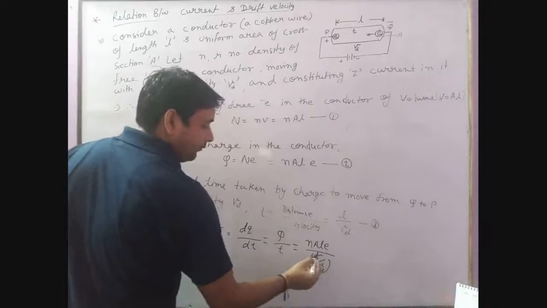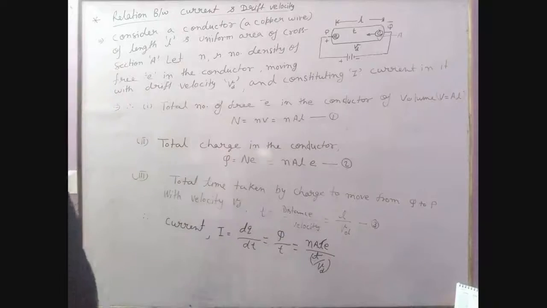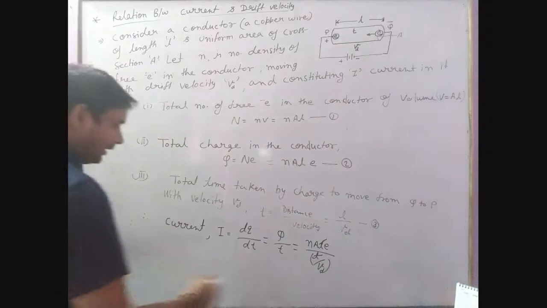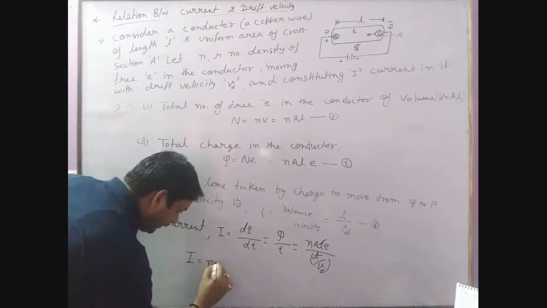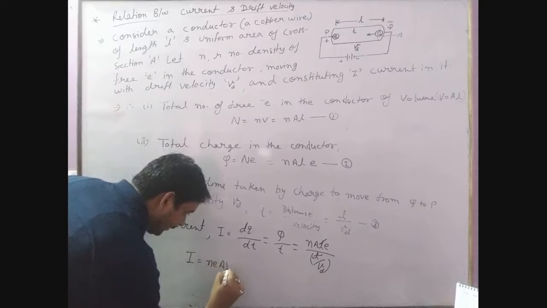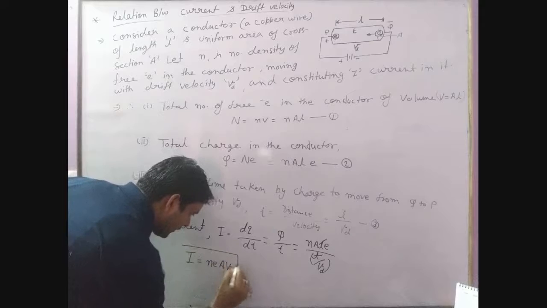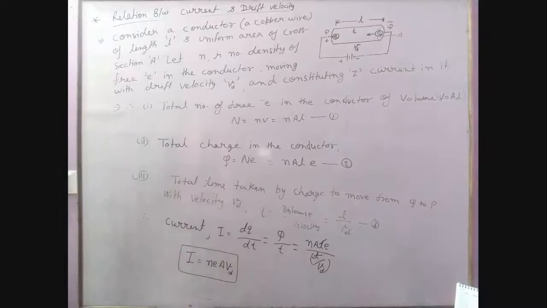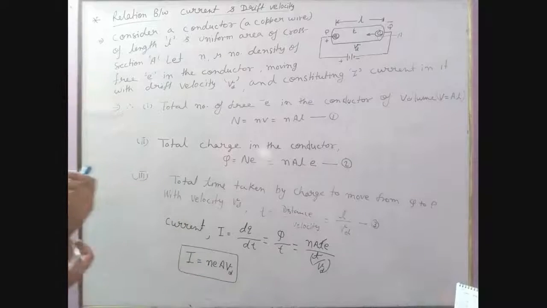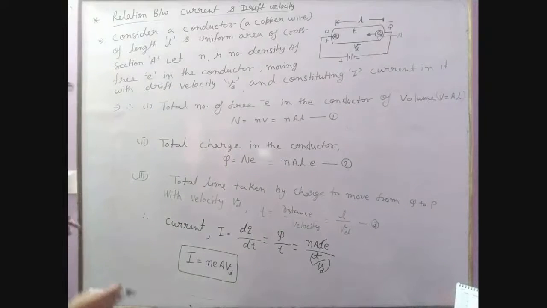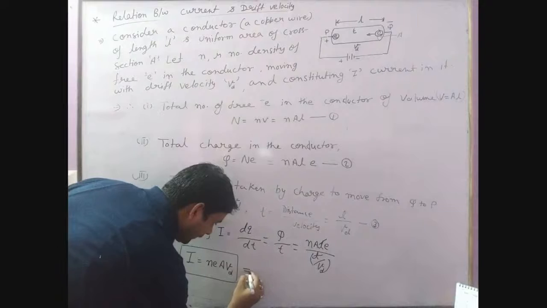You will easily find that L is cancelled from numerator and denominator, and the result for the current is neAVd. This is the required relation for the current in relation with the drift velocity.